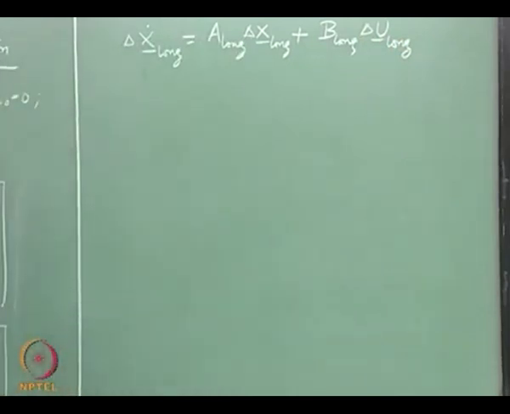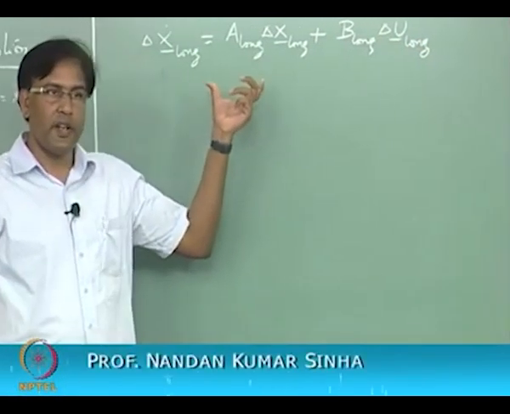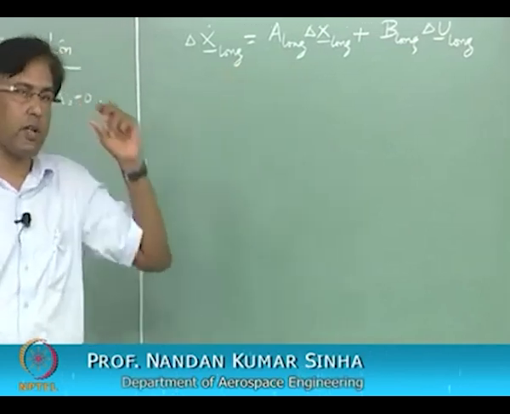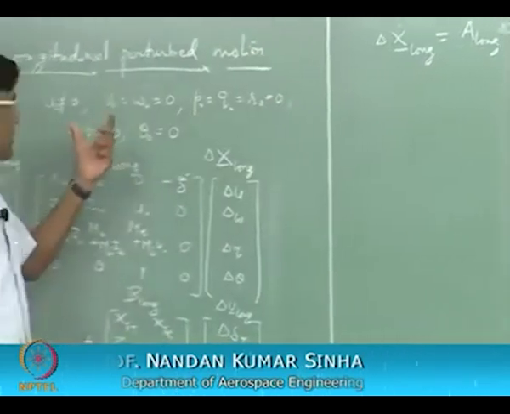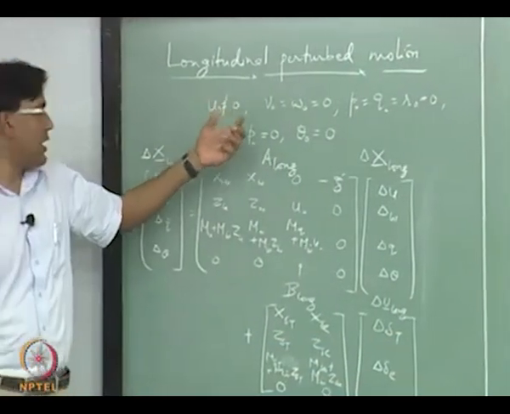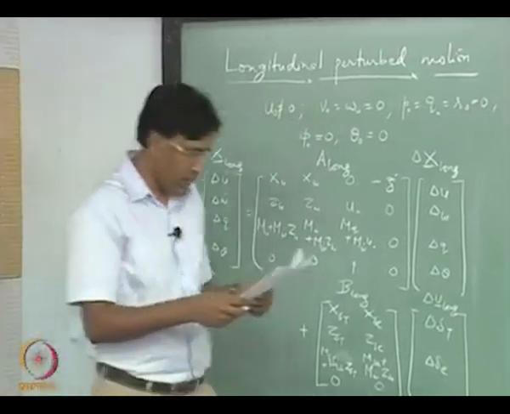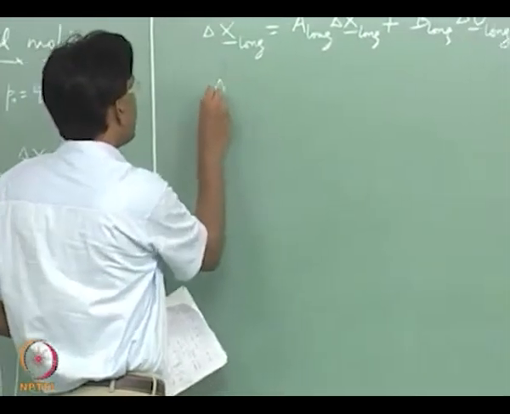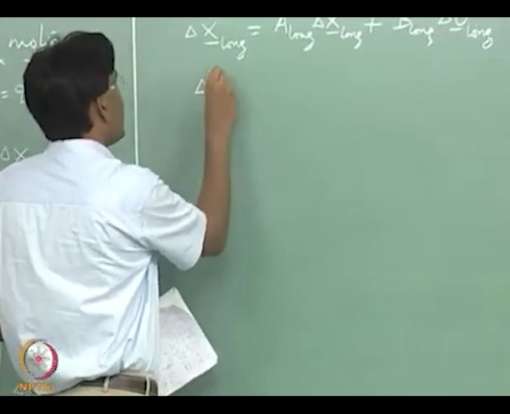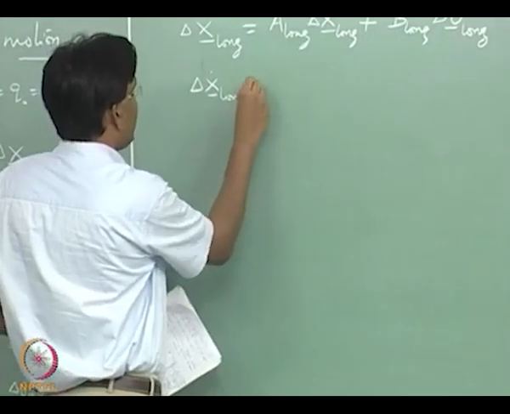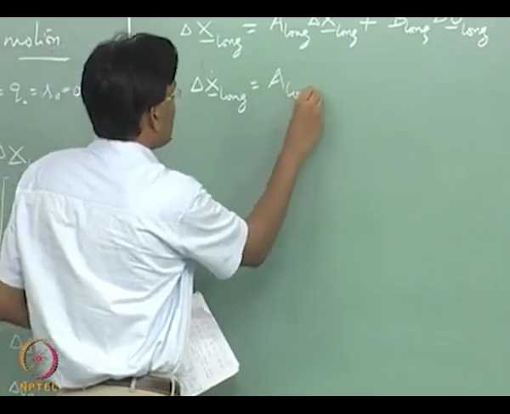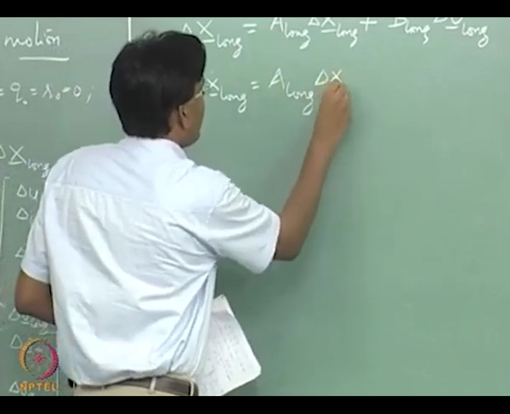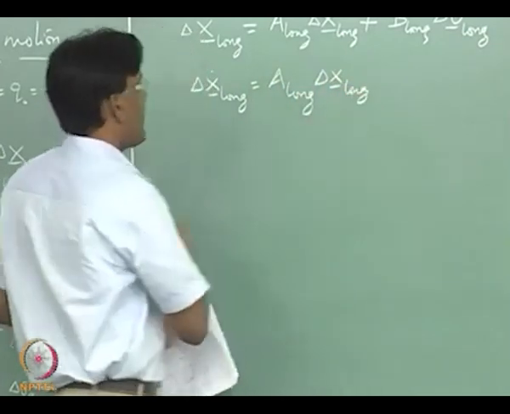Okay. And we said that if you want to look at the free motion of the aircraft with respect to the perturbed variables around this equilibrium flight condition, then actually we are solving an eigenvalue problem, right.